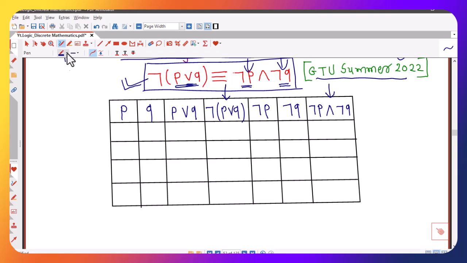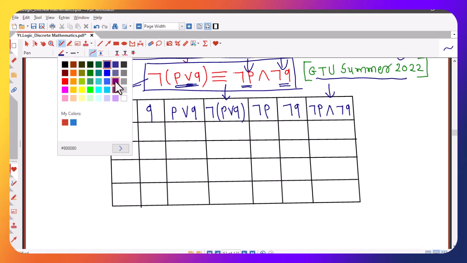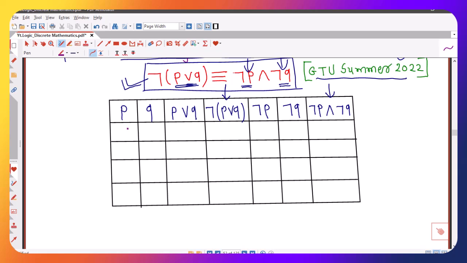First we write down the possible truth values for P and Q as we have discussed in earlier lectures. Possible truth values for P we write as T, T, F, F. For Q we consider alternately true and false, true and false.